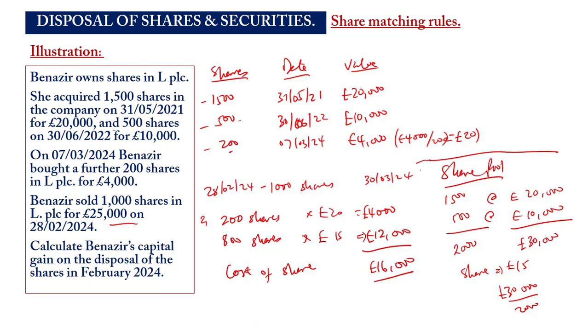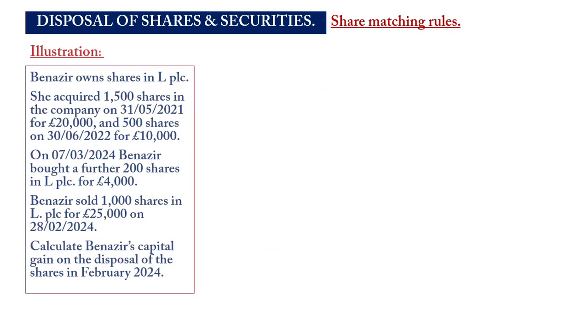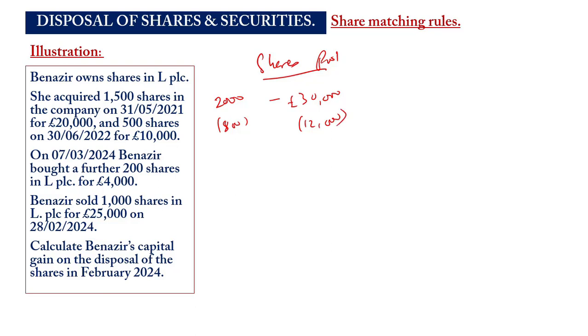This means that the share pool used to be 2,000 shares valued at 30,000 pounds, and we have sold 800 out of it at a value of 12,000 pounds. So now the share pool is left with 1,200 shares and its value is 18,000.